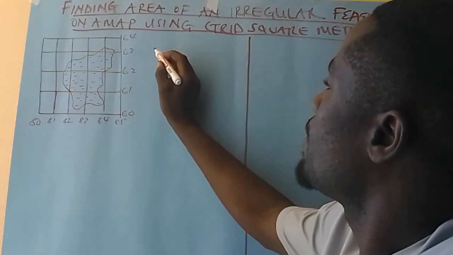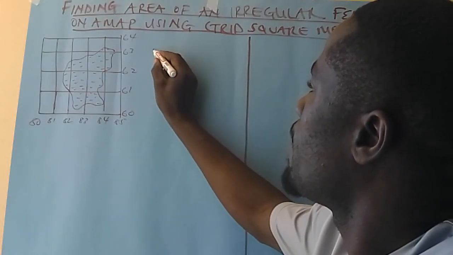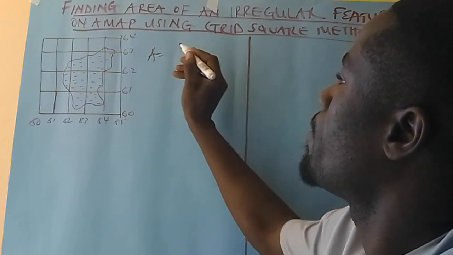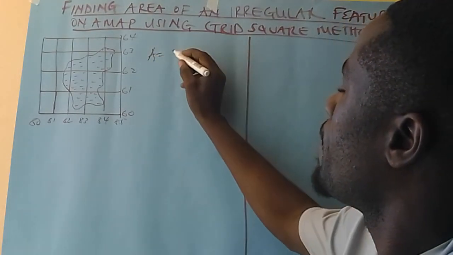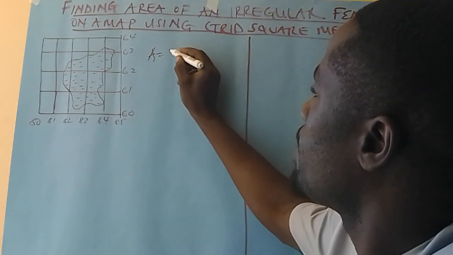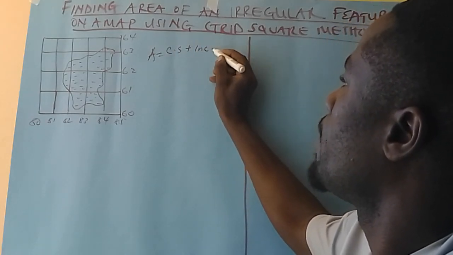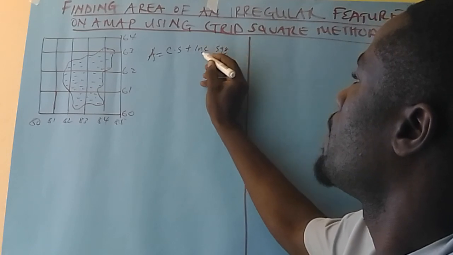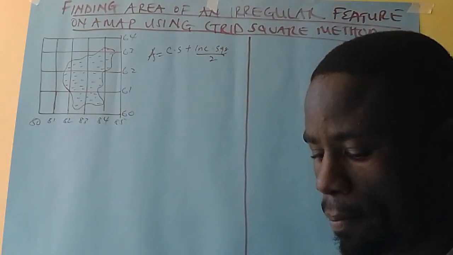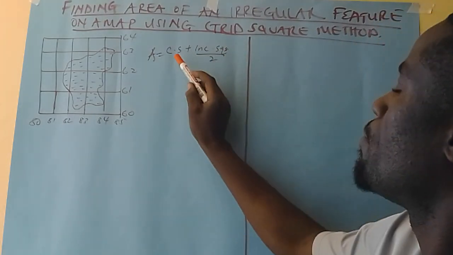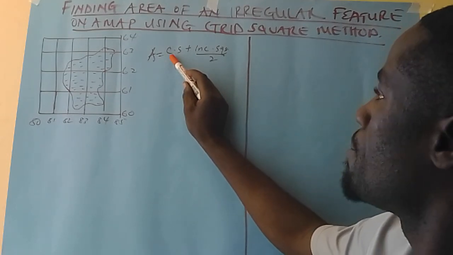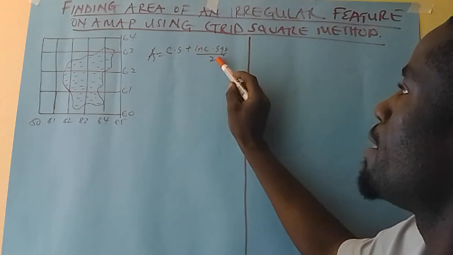Using the grid square method, we always use a simple formula: complete squares plus incomplete squares, divided by 2. So we count the number of complete squares plus the number of incomplete squares, divided by 2.